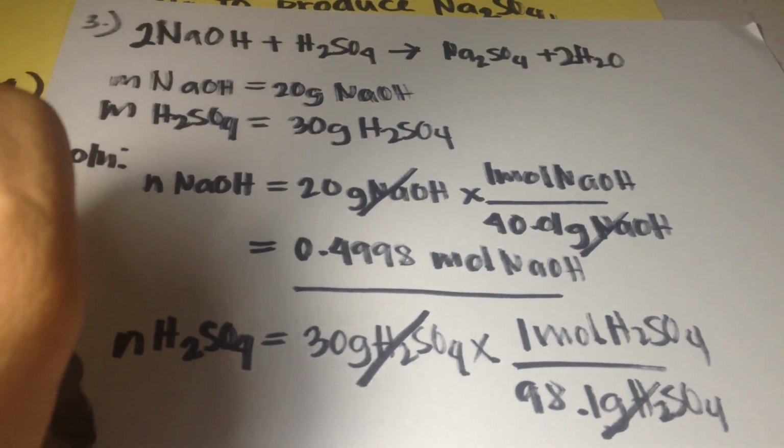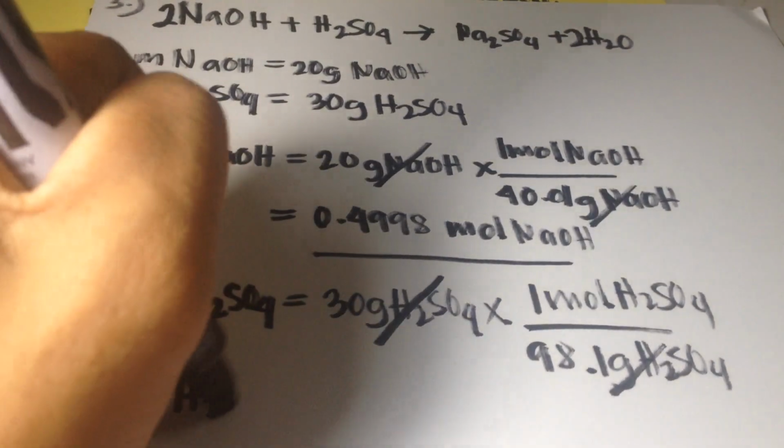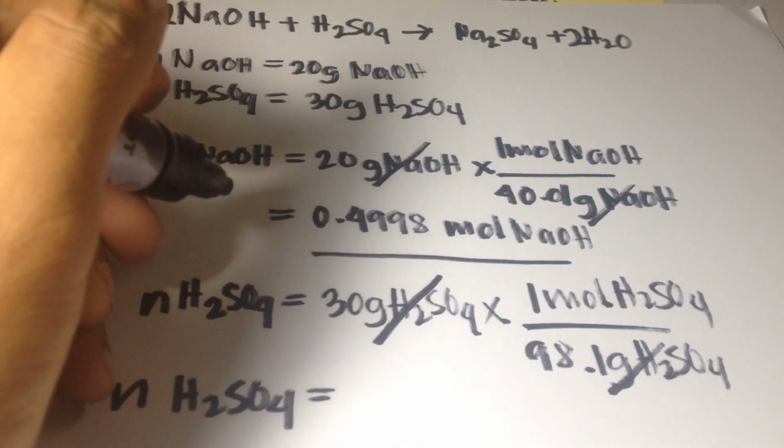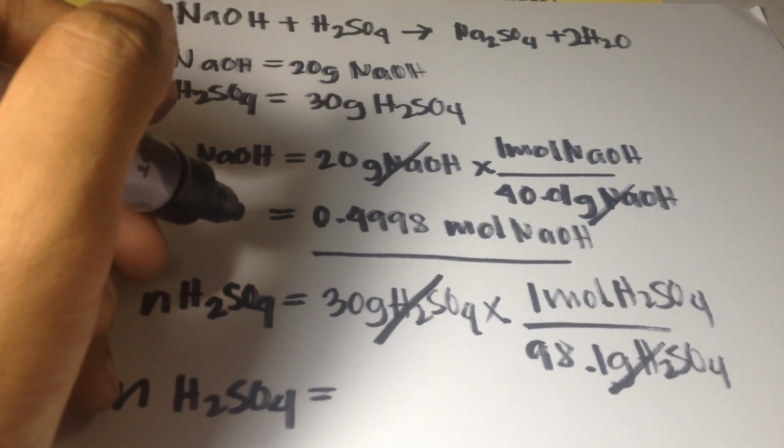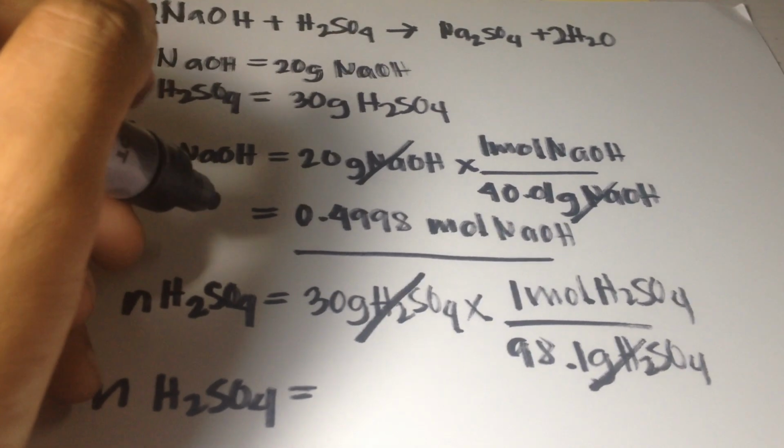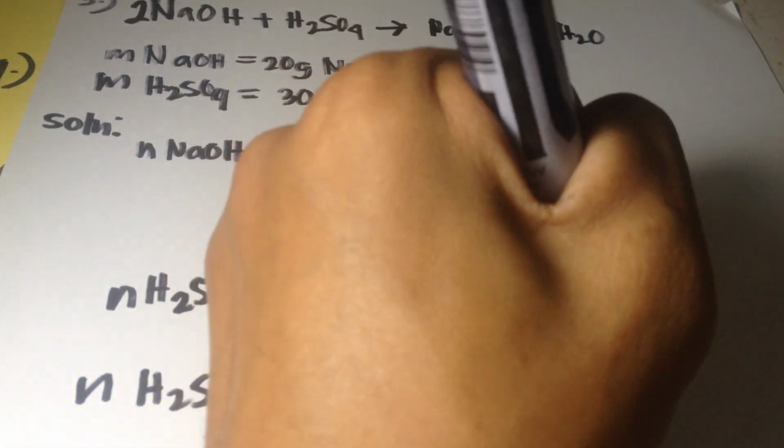Then cancel out. So n of sulfuric acid is equal to 30 divided by 98.1, which is 0.3058 moles of sulfuric acid.